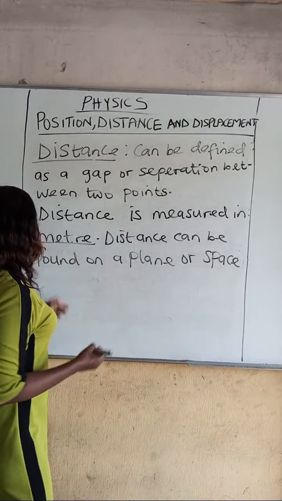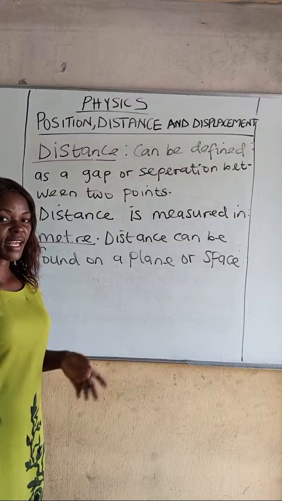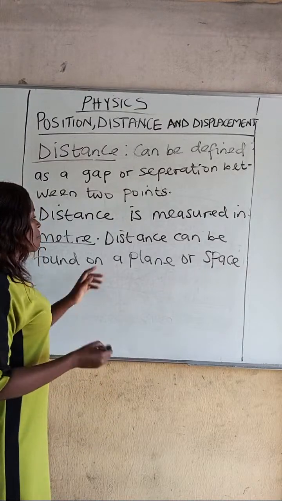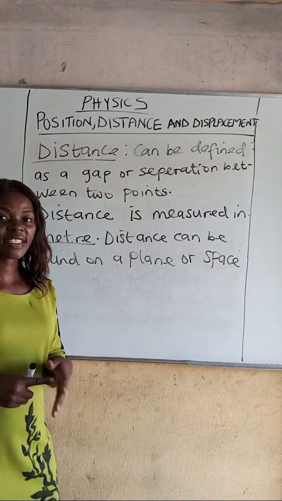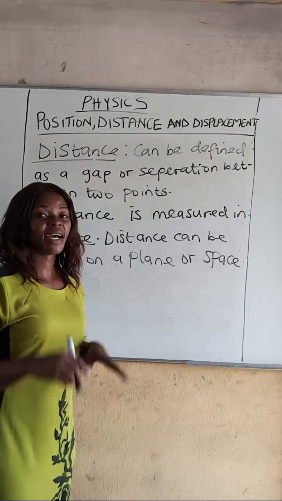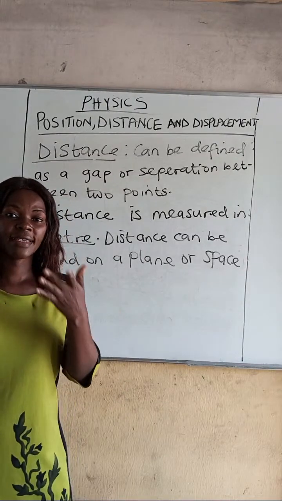Distance can be found on a plane or in space. Don't forget that a plane has two coordinates, x and y, while space has three coordinates, x, y, and z.